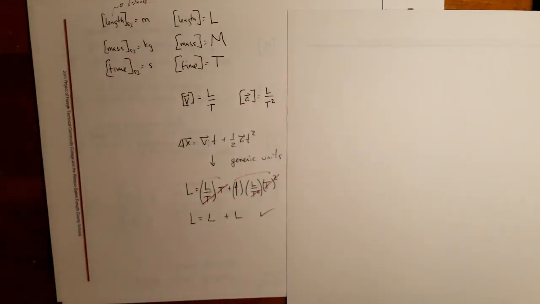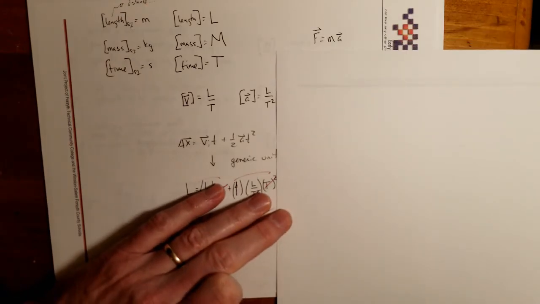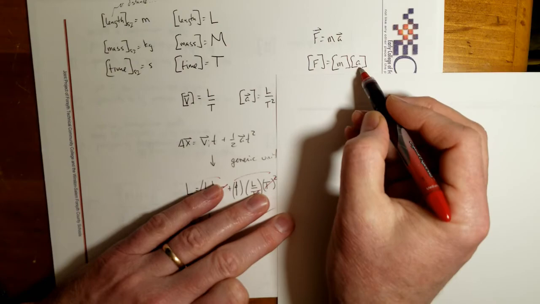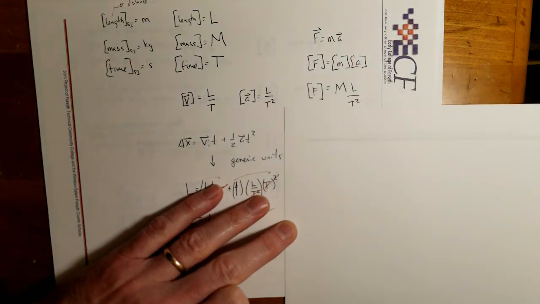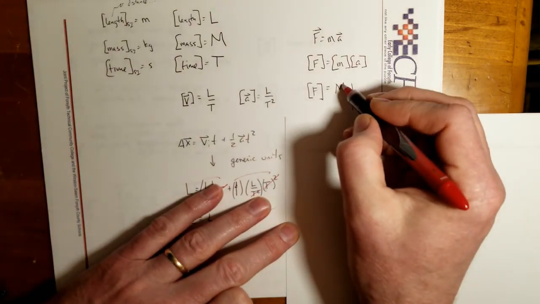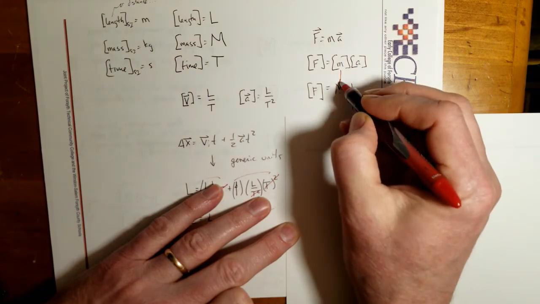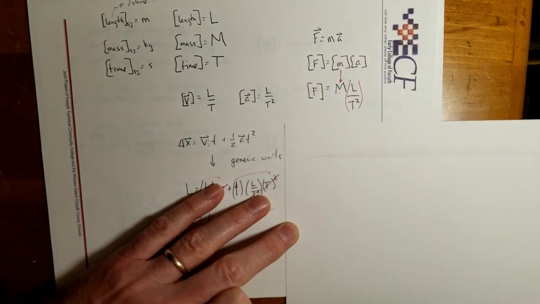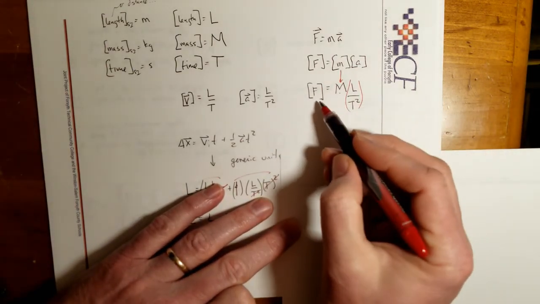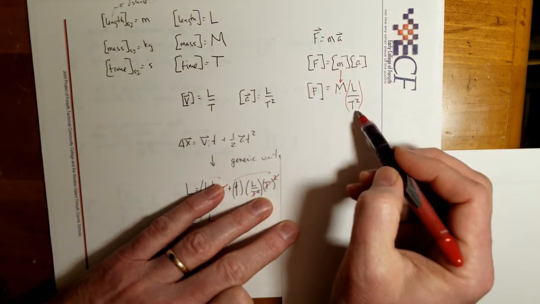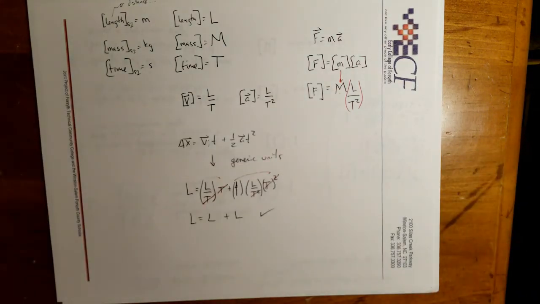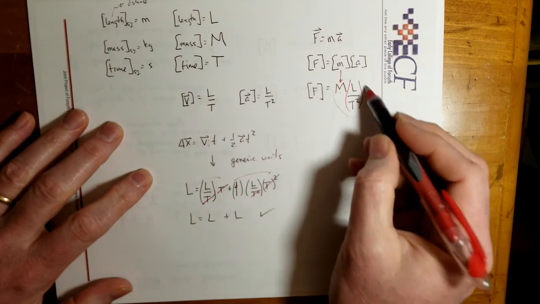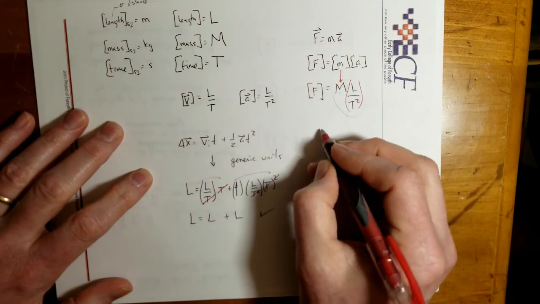We can also look at the equation F equals ma. The units of F equal the units of m times the units of a. The units of mass generically are capital M. The units of acceleration generically are L over T squared. And so the units of force must be M L over T squared. And so this would be the generic base unit system here.